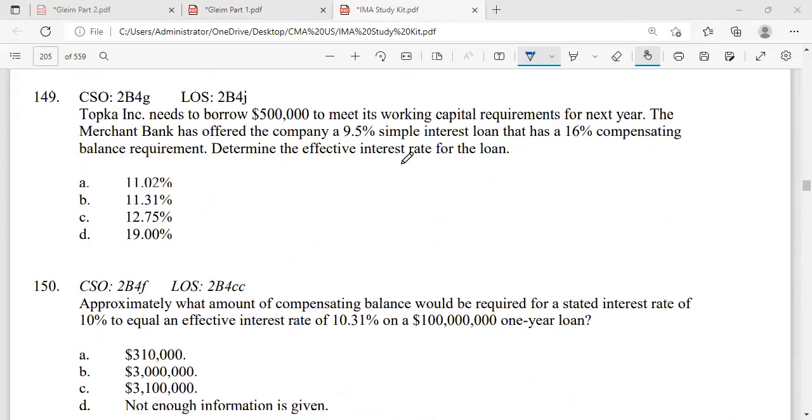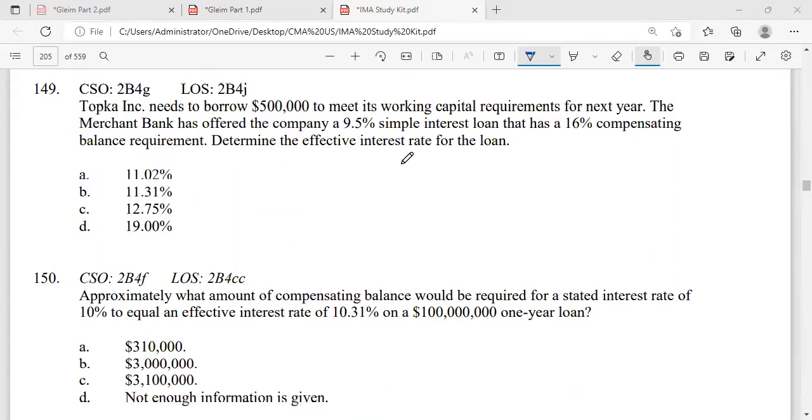So let us just take these two questions now, 149 and 150. Here again, the question is determine the effective interest rate of the loan. Topka Inclusive needs to borrow 500,000 to meet its working capital requirements for next year. The merchant bank has offered a 9.5% simple interest loan that has a 16% compensating balance requirement.